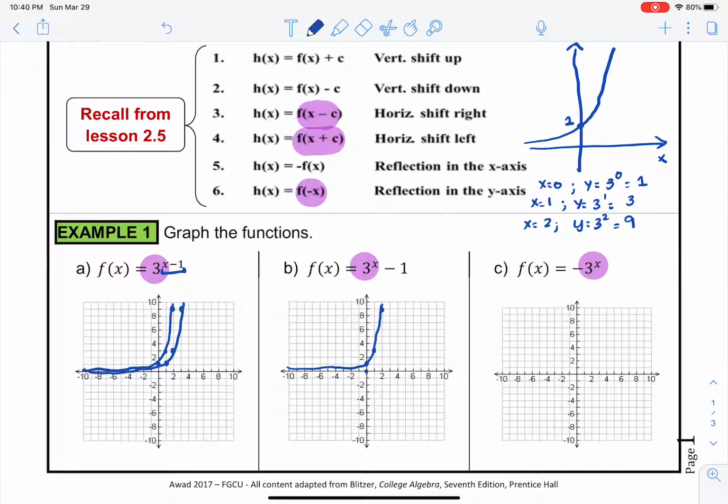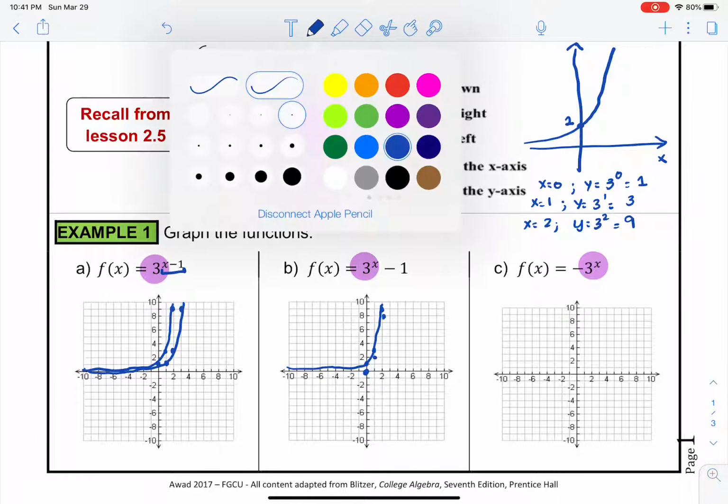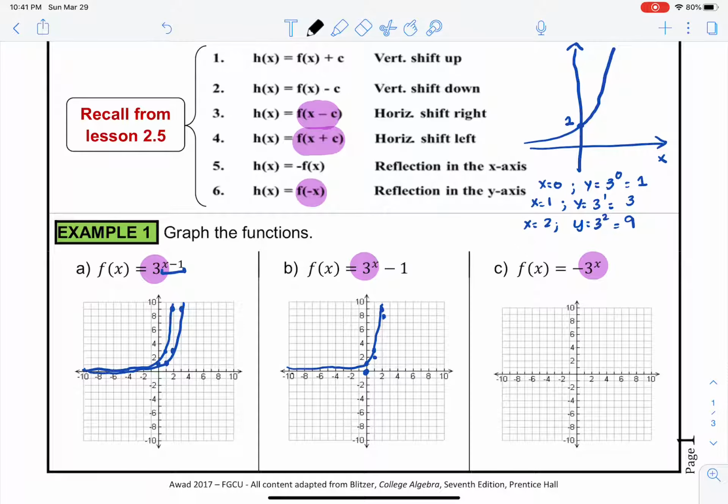So we will have 0 here, 2, and when x is 2, it's going to be 8. So perhaps I shouldn't do that.